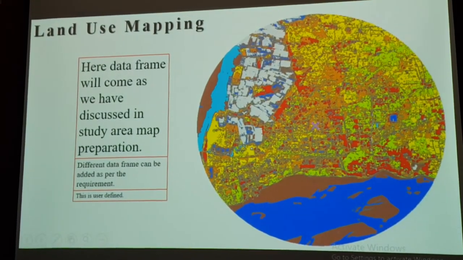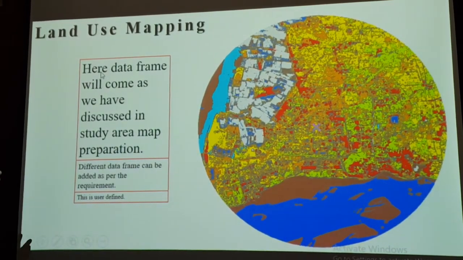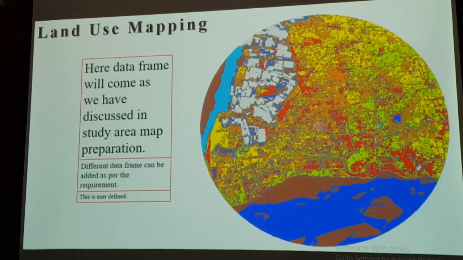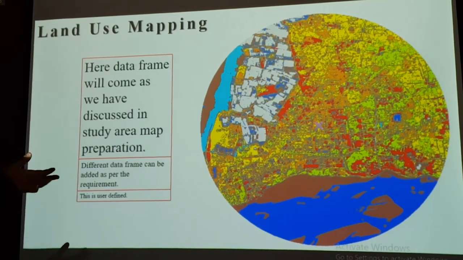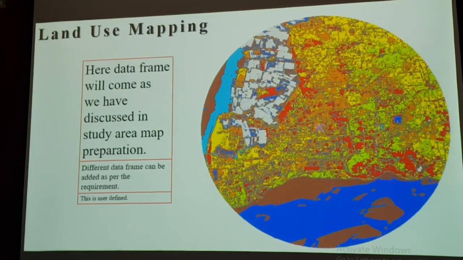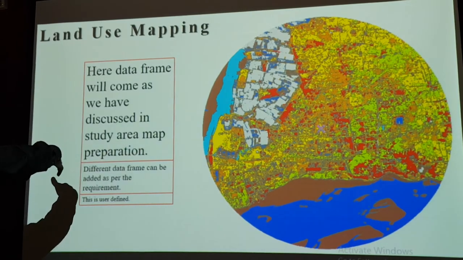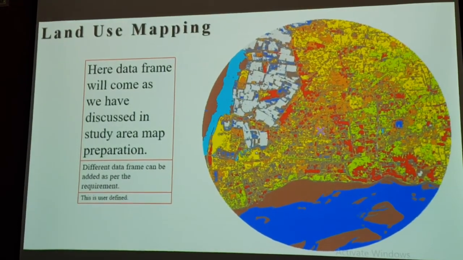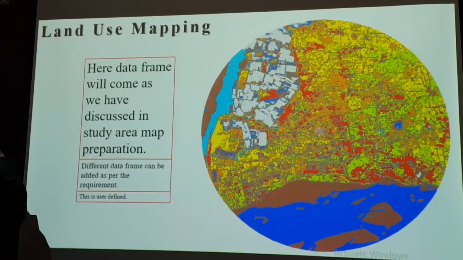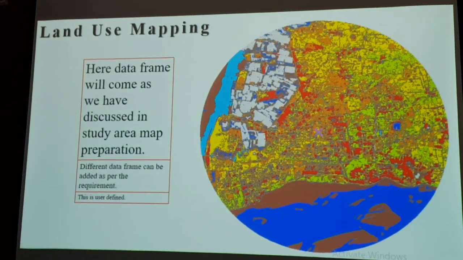And next, different data frames can be added, as we have already learned in the previous sections, like study area map, section 2 or 3, for topo sheet processing, then study area map preparation, then data frame. You can put north symbol, scaling, index map, name of the project site, study area map or land use map type of map.